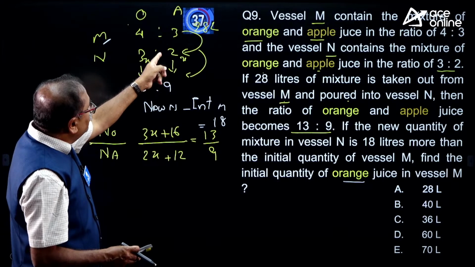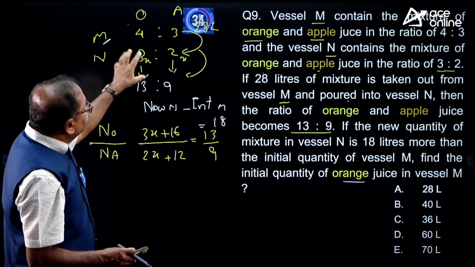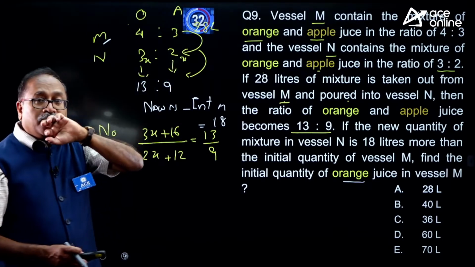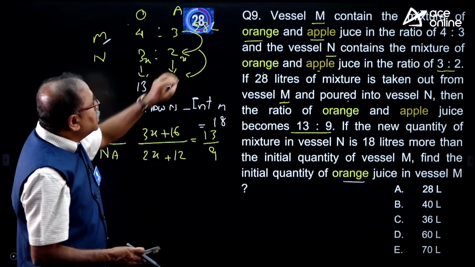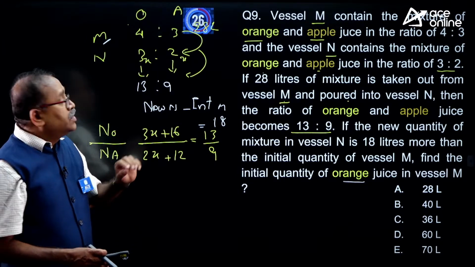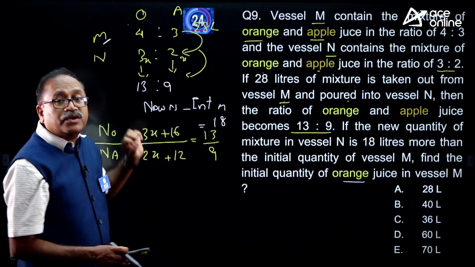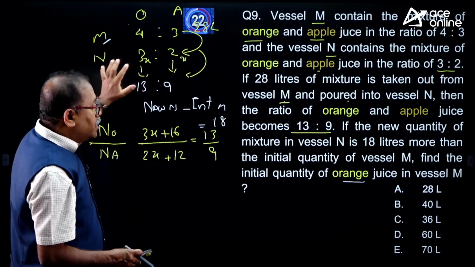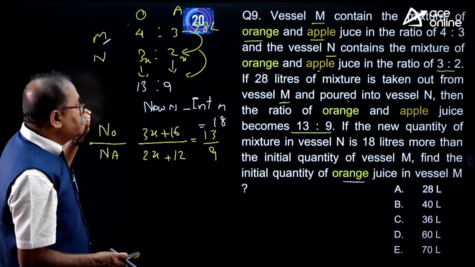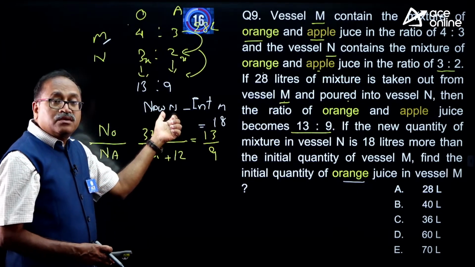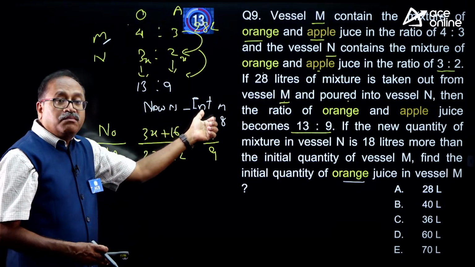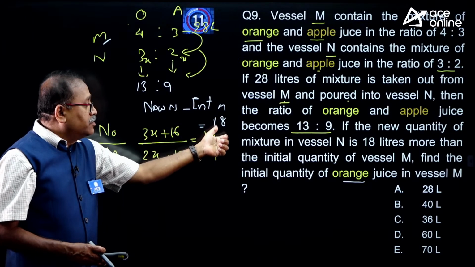So that is, if you get over here and 28 liters is added over here, you will get the new value from here. And once you have the new value, the difference is given to us: new value of N minus initial value of M, which is 18.